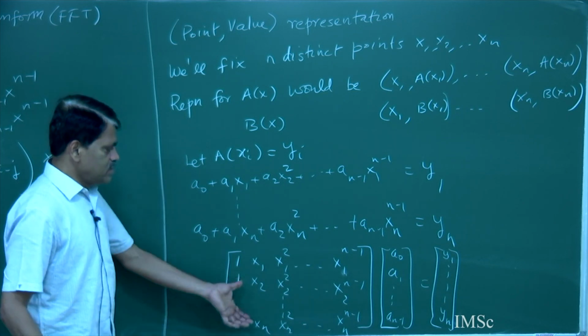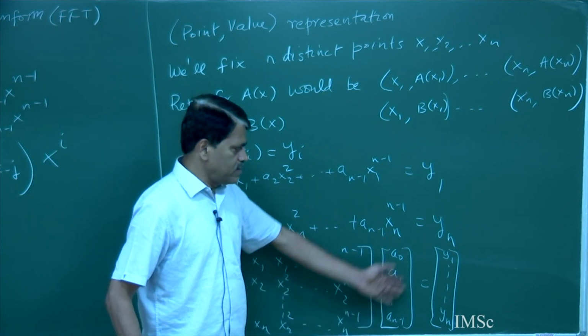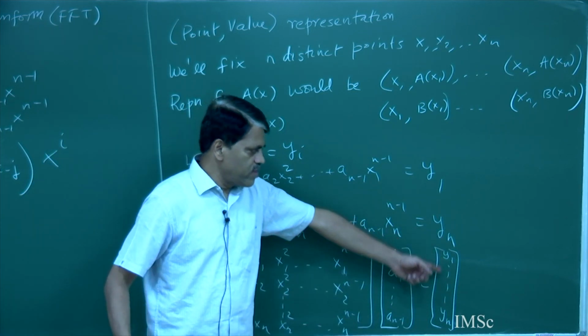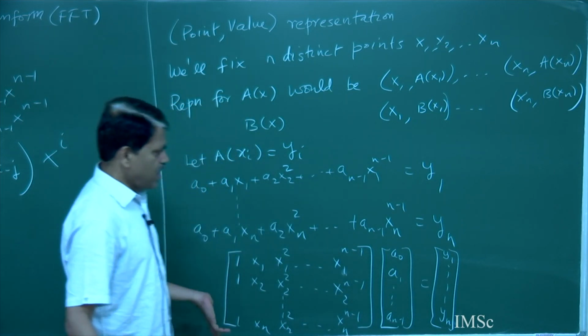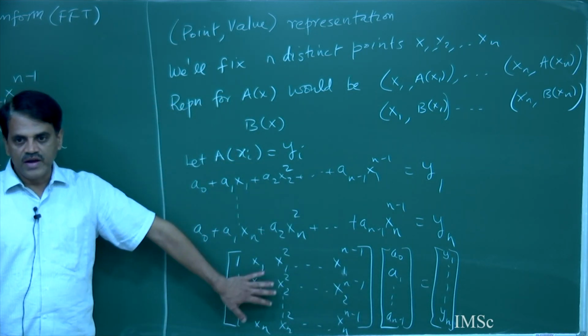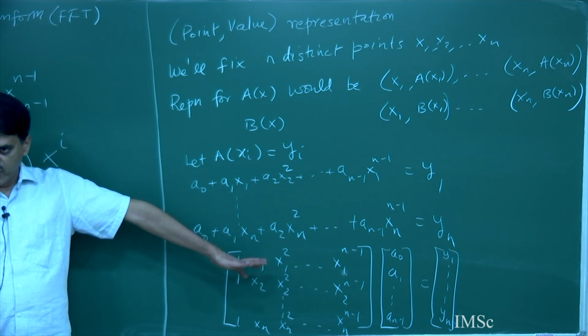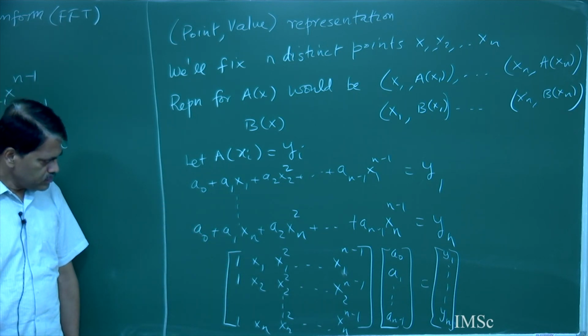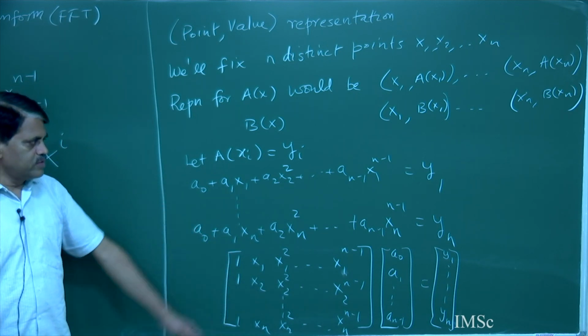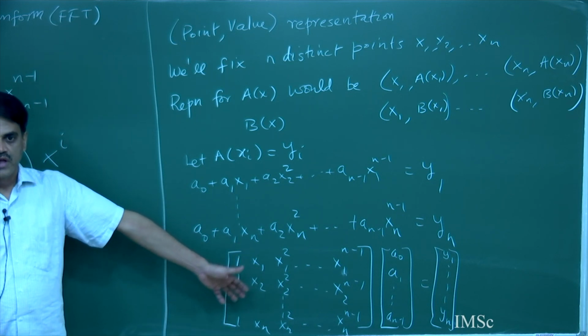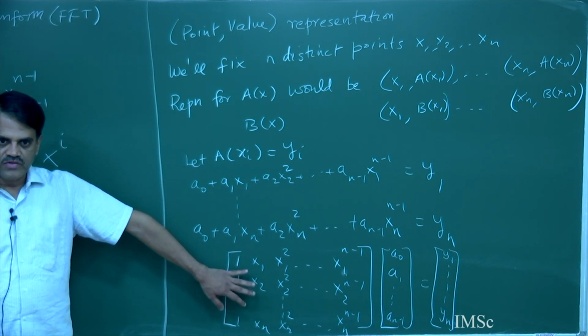Right, it's a matrix equation. This matrix times this vector is equal to this vector, and you are given this vector. When does it have a unique solution? If this matrix is invertible. And is it invertible? Yes, because what is it? Do you know the determinant of this matrix?